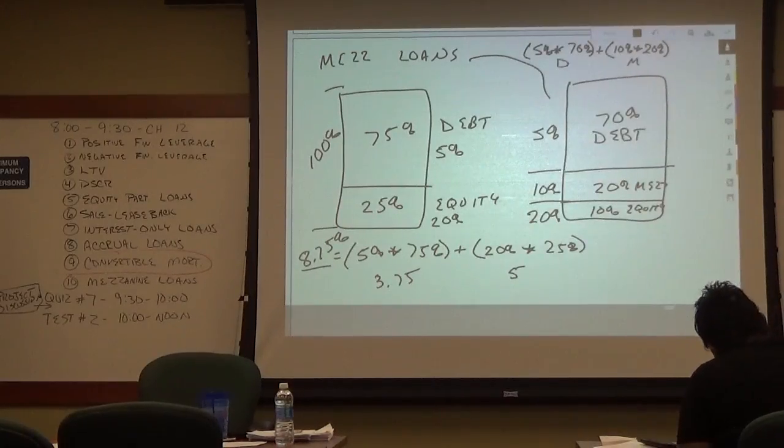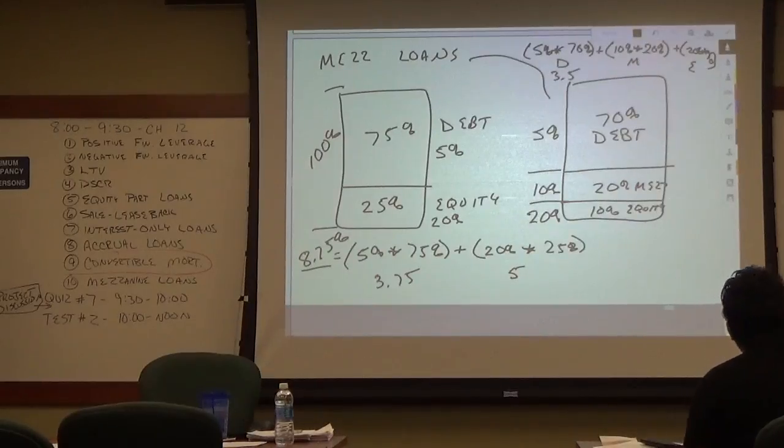So this is our debt, mezz, and then our equity is going to be 20% times 10%. Okay? All right, so doing the math. So this is 3.5.